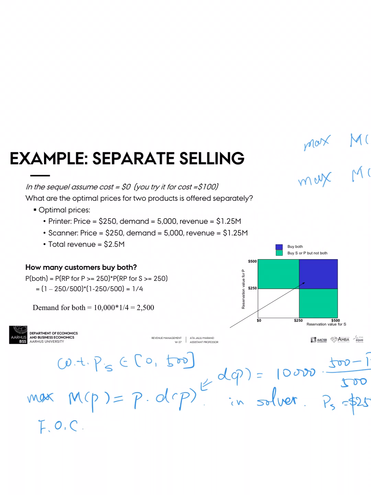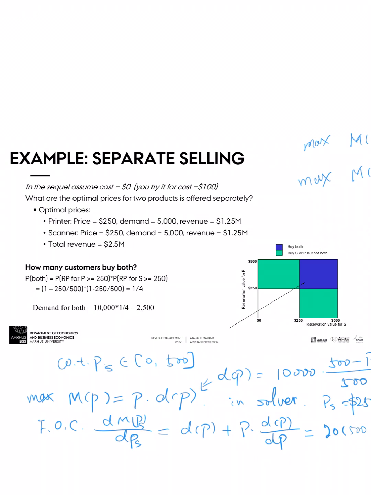The first order derivative of the revenue equals D(P) plus P times D'(P), which equals 20(500 minus P) plus P times (minus 20).